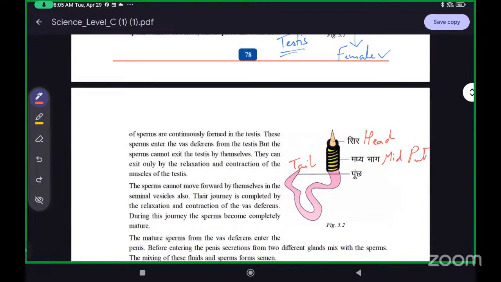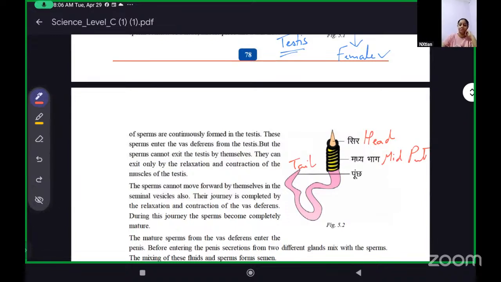They are a single cell, made up of a single cell which is designed for the task of fertilizing an egg. They are single-celled microorganisms, or you can say microcells.